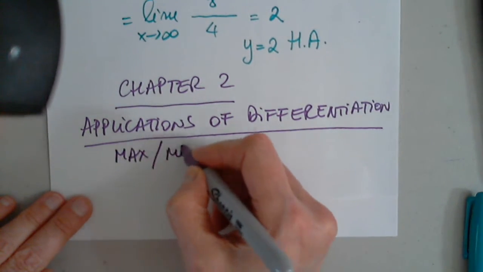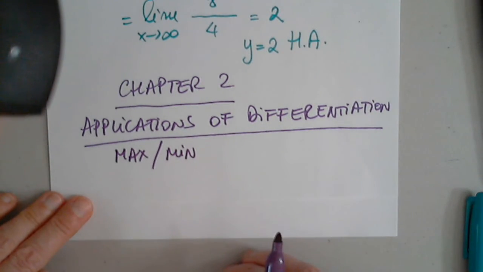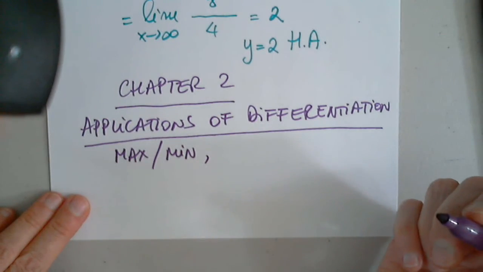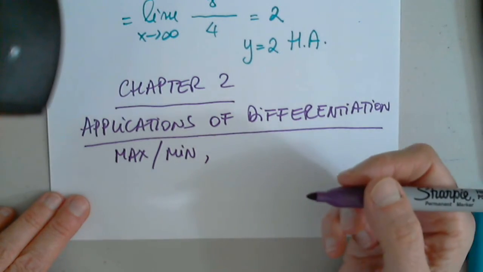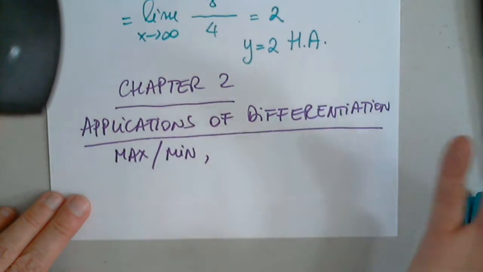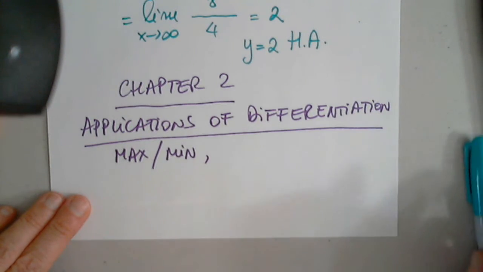Max, min. Finding the max or the min of a function. Maybe profit for the maximum, maybe cost, minimum for cost. We can be asked to determine max, other than max min for profit, as I said, a cost, or just a simple function.